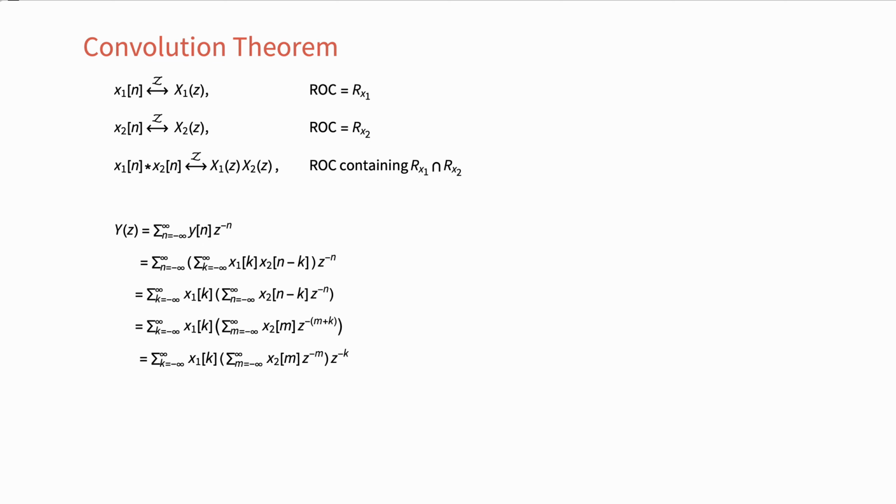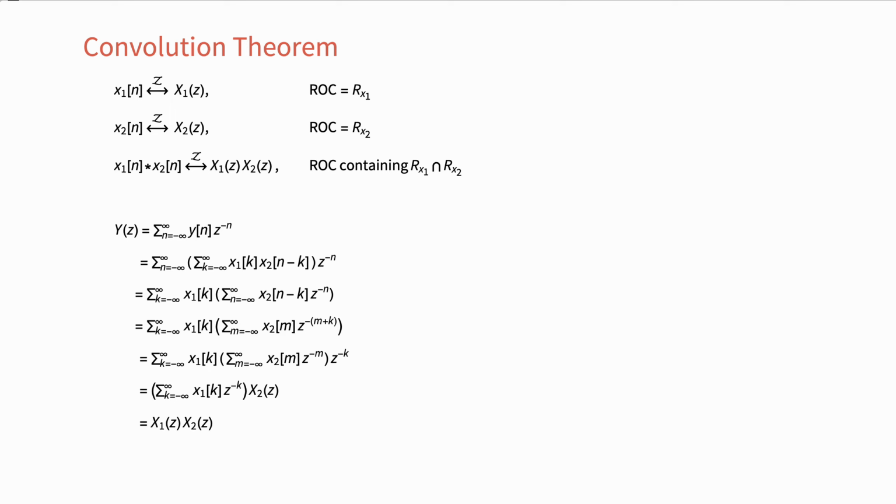We follow the definition of the z transform for the convolution sequence, change the order of the summation, and apply a change of variable, n minus k equals m, simplifying the expression by breaking down the exponential term and factoring out z to the power minus k.